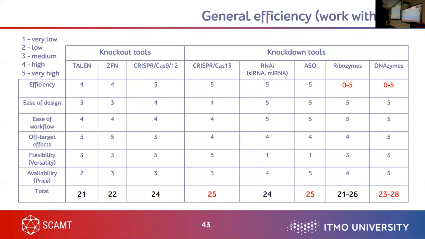These values were obtained from some articles or from previous slides, but I found that CRISPR-Cas13, ASO, and DNA enzymes have the highest mark, 25. But the unpredictable action of the enzymes is a big problem for us.